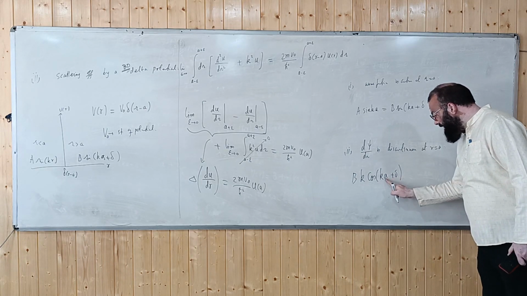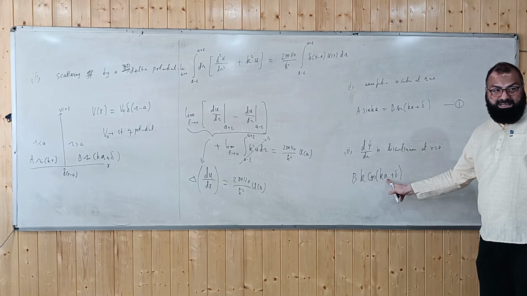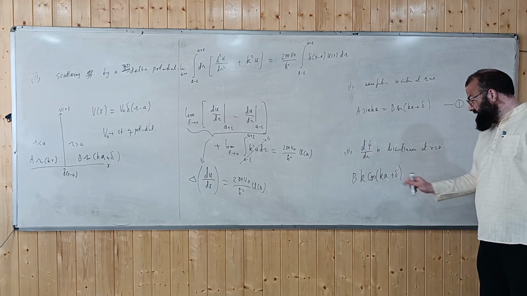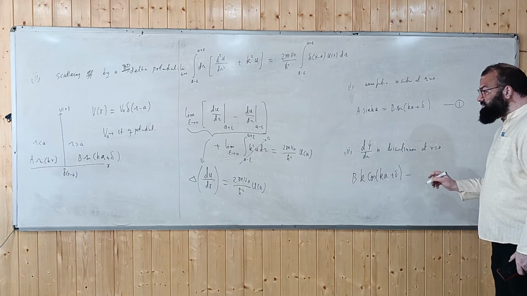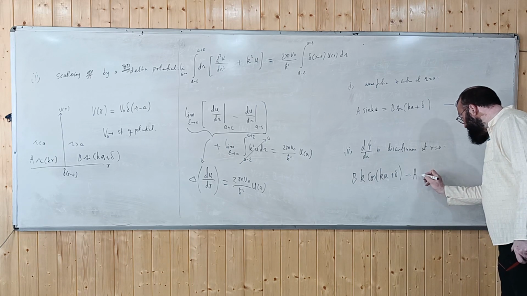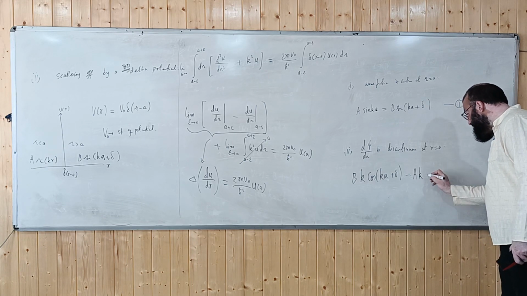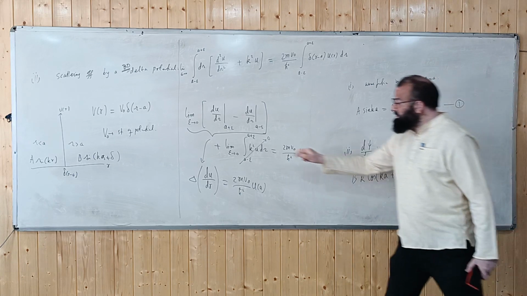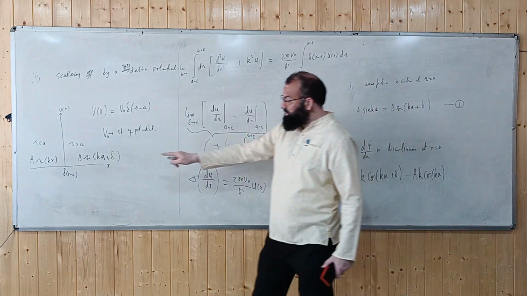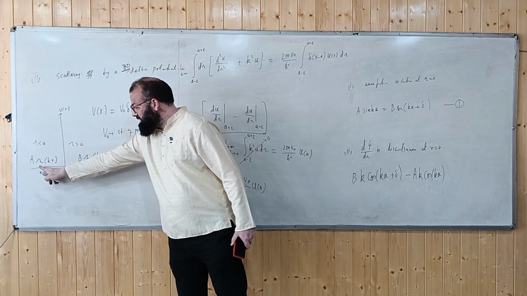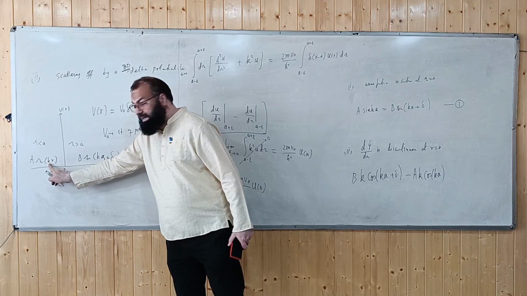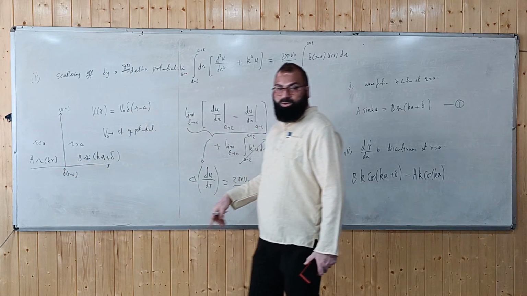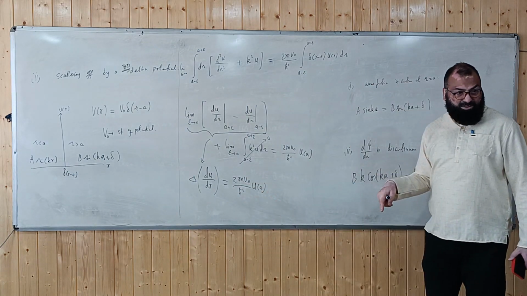It will actually be a plus epsilon, and we are taking epsilon tends to 0. Then minus a, again k cos of ka. This is du by dr for r less than a, so it is cos of ka. You put a minus epsilon, epsilon equal to 0.